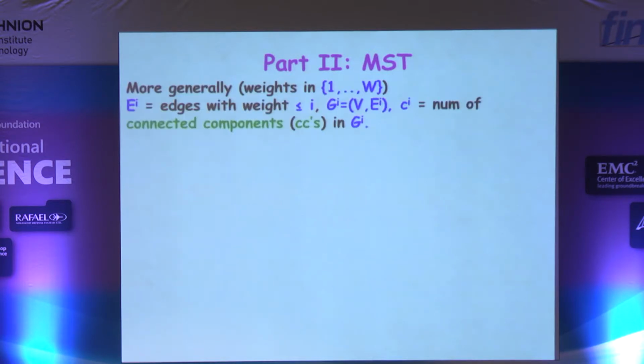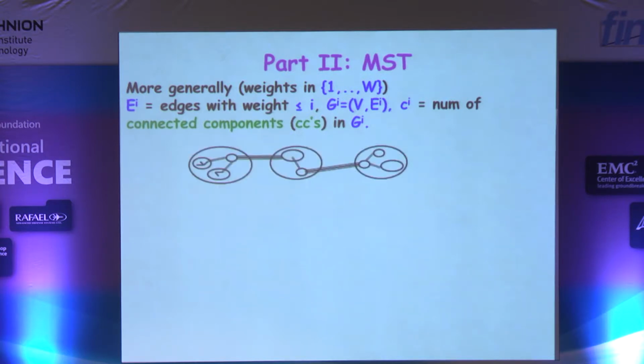What about more generally? The weights are between 1 and W, and we define Ei to be the edges with weight at most i, and we define the sequence of graphs with growing weight. Then we can get an expression; this is just for weight 3. We can get an expression for the weight of a minimum spanning tree that depends on the number of connected components of each of these subgraphs.